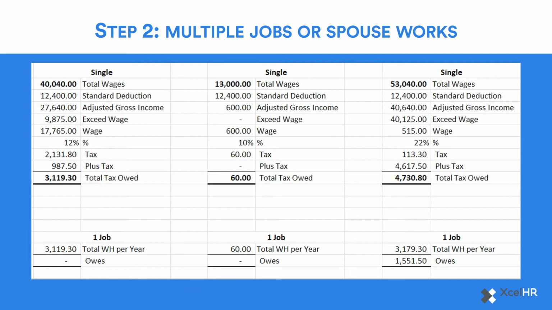So here's an example. We have an individual. She makes $40,000 in her regular job, but she also has a secondary job that she works on the weekend. For each employer, she submitted a W-4 just saying that she's single and zero.